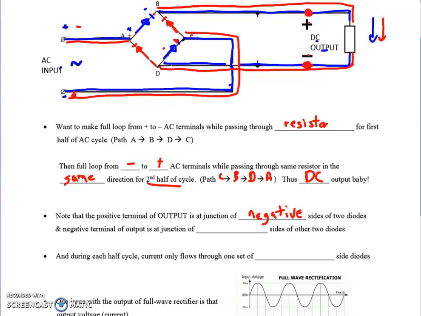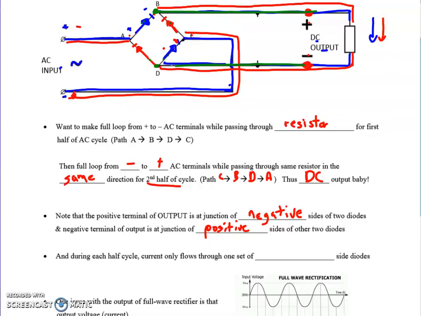And the negative terminal of the output is the junction of the positive sides of the other two diodes. So if you're not sure what I'm referring to, here is essentially the positive terminal, right? And so they are the junction of these two diodes, and we're on the negative sides. And then if I look at the junction of the two positive sides here, that would extend to our negative terminal. So that's how you can recognize which side of the output is positive, which side is negative.